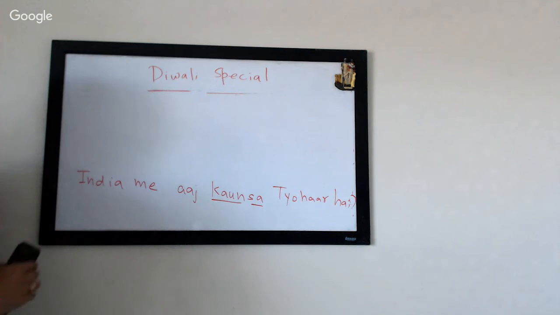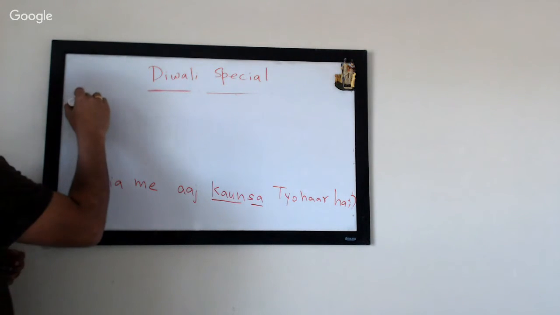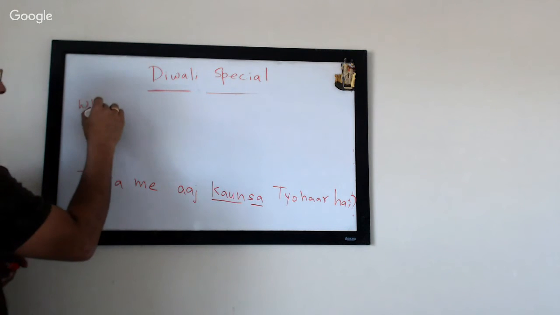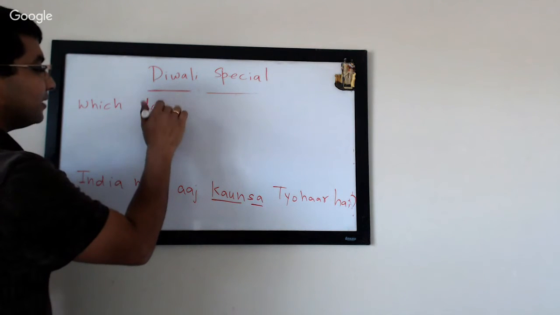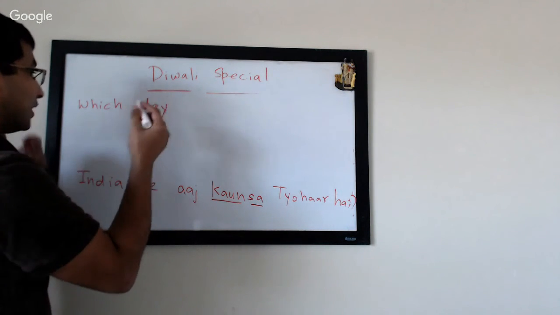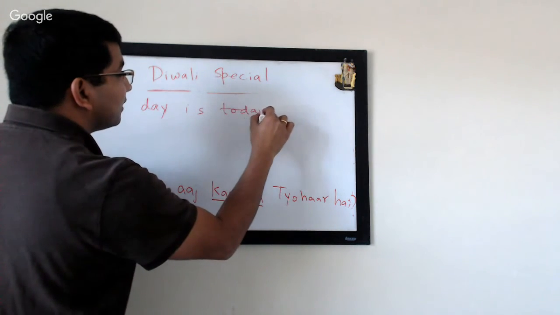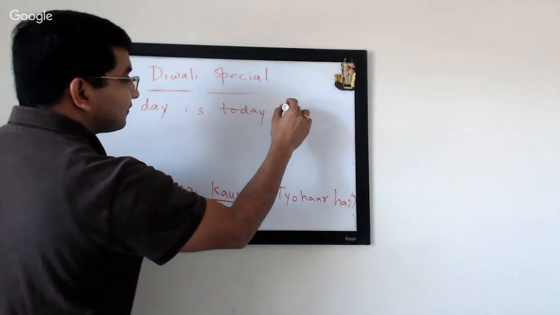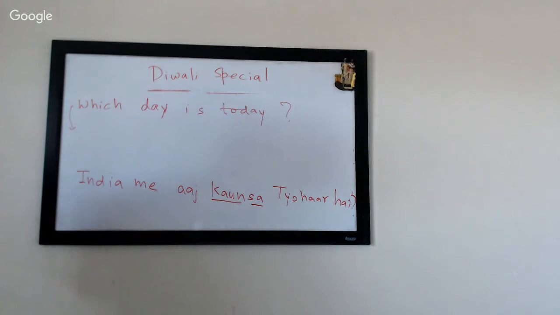Okay. Let's say you want to find out which day is today. Sometimes even though we know it, we don't want to put our brain to work and we simply ask someone which day is today, whether it's Thursday or Friday. How will you say the same thing in Hindi? Very good.